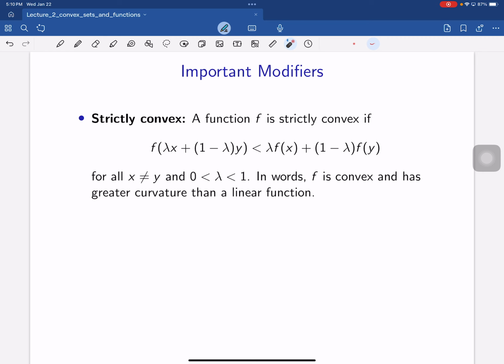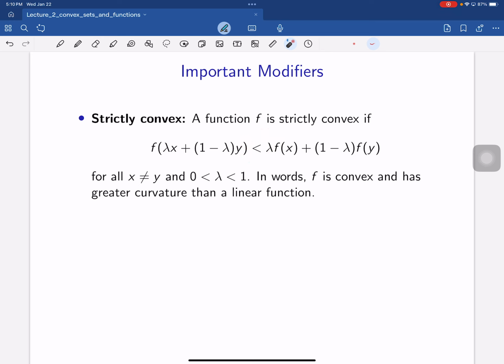Can someone give me an example where a function is a convex function but not a strictly convex function? Line. Yeah, like a linear function, right? So for a linear function, of course, you draw a line segment, it is the line itself. It is greater than or equal to the line, but it is not strictly convex because you don't have this strict greater than here. Okay.